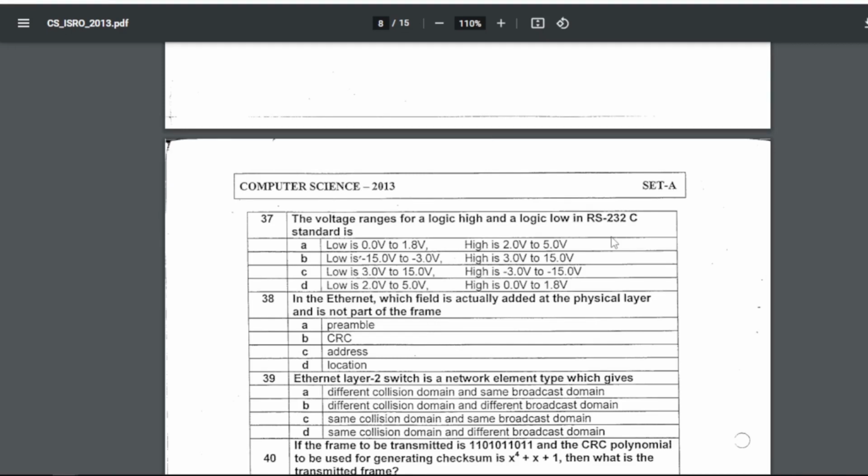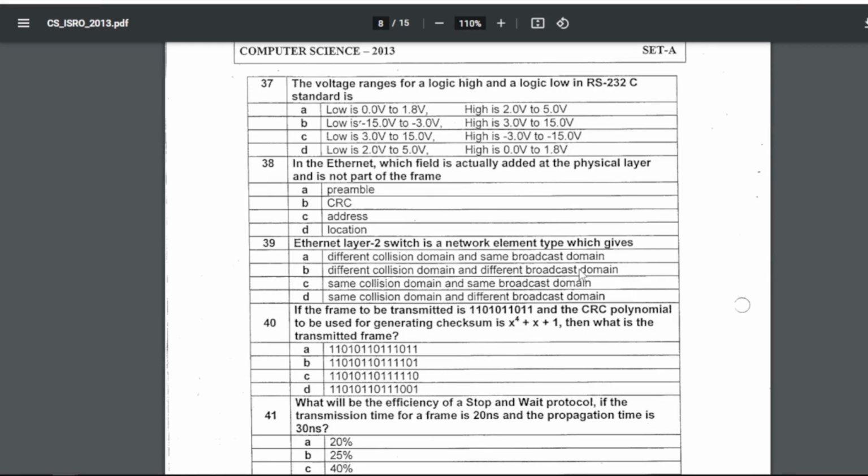Here the answer is C, that is low voltage is 3.0 V to 15.0 V, and high is minus 3.0 V to minus 15.0 V. Because in the RS-232 standard, a logic high, 1, is represented by a negative voltage anywhere from minus 3 to minus 15, while a logic low, that is 0, transmits a positive voltage that can be anywhere from plus 3 to plus 15 V.